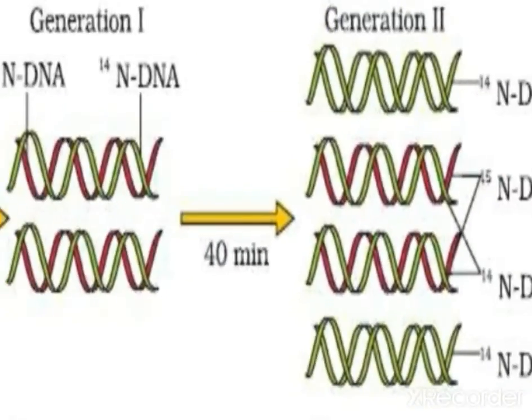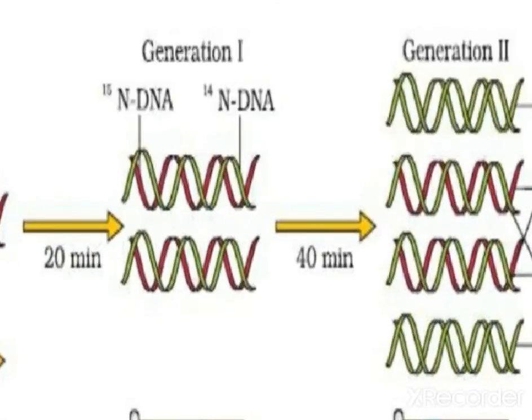Why is it like that? During replication, these two strands separate, one green and one red, that is one N14 and one N15, and one strand goes here and the other comes here. The newly formed strand is N14 only, as we are continuously growing in N14 medium.